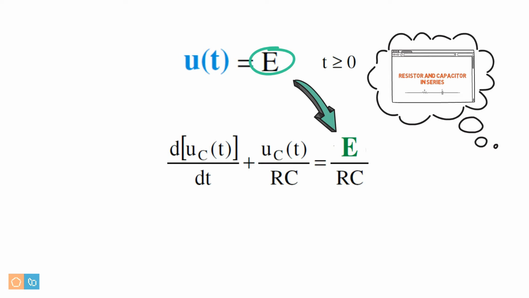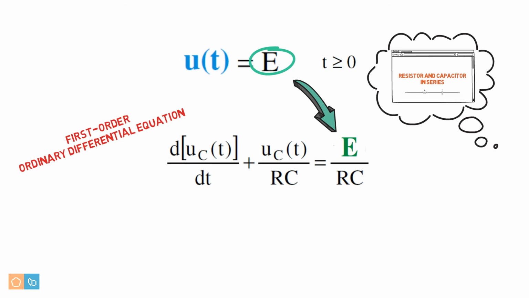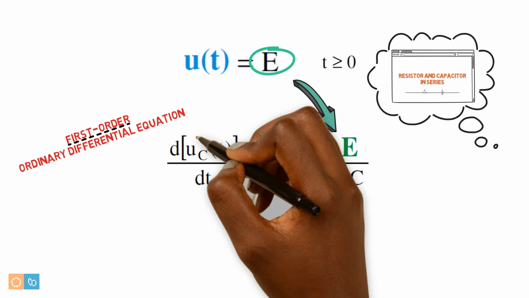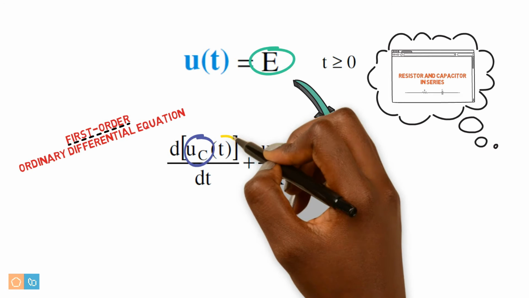Then, to determine the voltage across the capacitor for t equal or greater than 0, we need to solve this first-order ordinary differential equation. First order because it has only the first derivative of one dependent variable, UC, with respect to an independent variable, t.